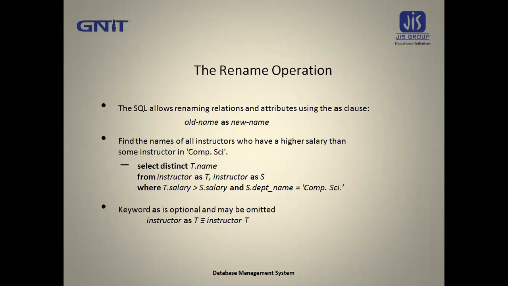Now you are comparing all the instructors' salaries from the T relation with salaries from the S relation, and you are printing T dot name. You are fetching T dot name from the T relation, and that will definitely give you the names of the instructors who have a higher salary than some instructor in the computer science department.